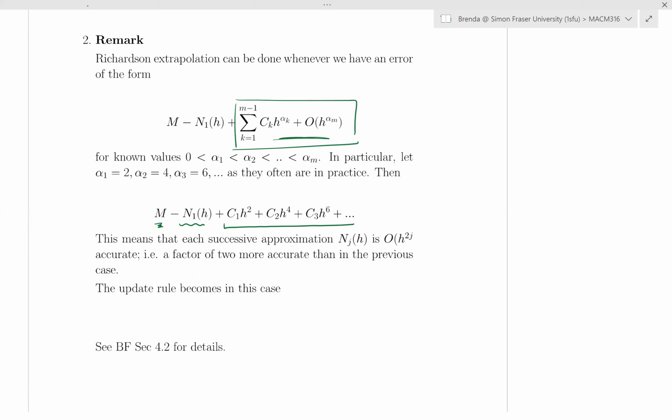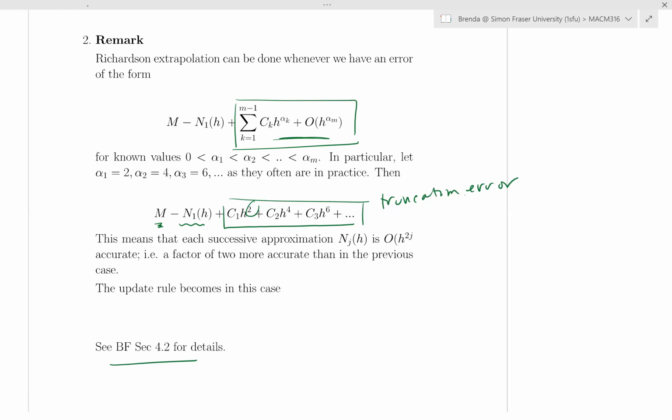It has to be going up in a regular progression. This is our truncation error. So if we're in the situation where these are 2, 4, 6 rather than 1, 2, 3, we get a different approximation formula. I don't even want to write it down. You can just look into those errors. I'm not going to ask you to write that out.